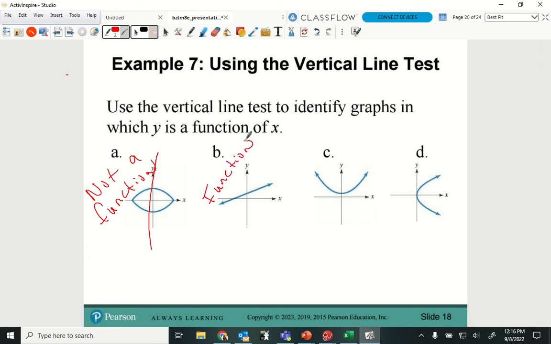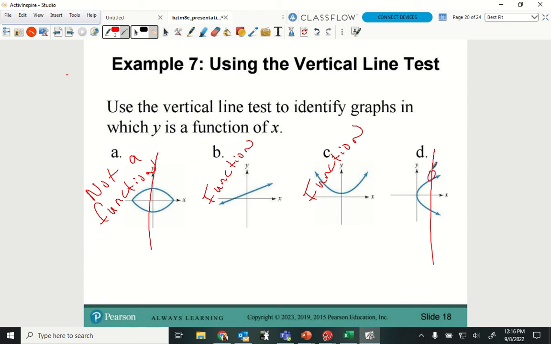C. It is a function. I can't cross it more than once, right? So there's nowhere I could draw a vertical line. So this one also is a function. And then let's look at D. On D, if I draw a vertical line, I could draw it right about here, right?